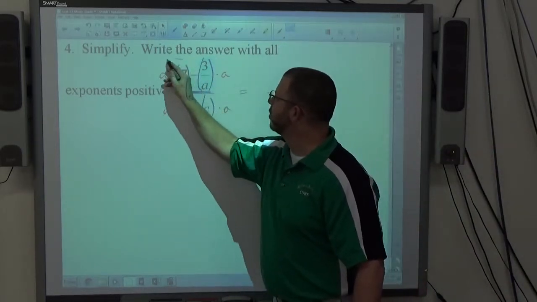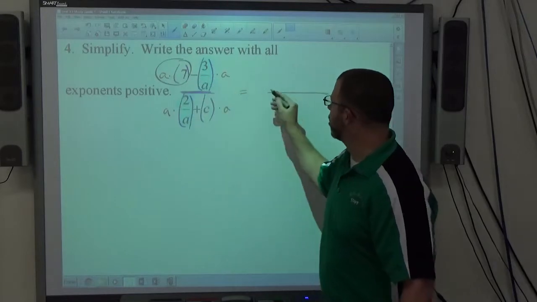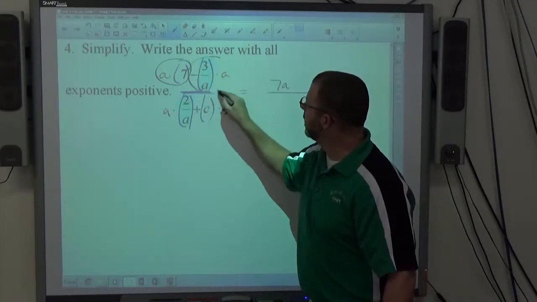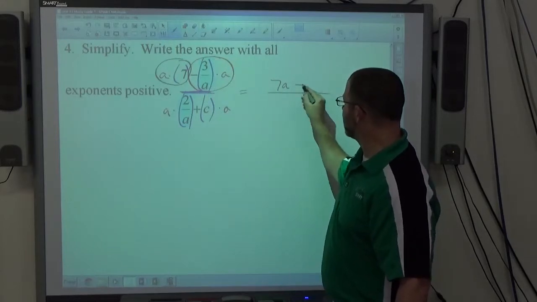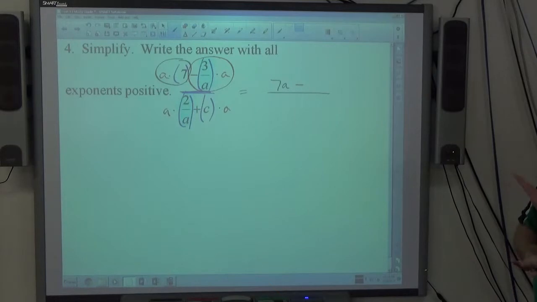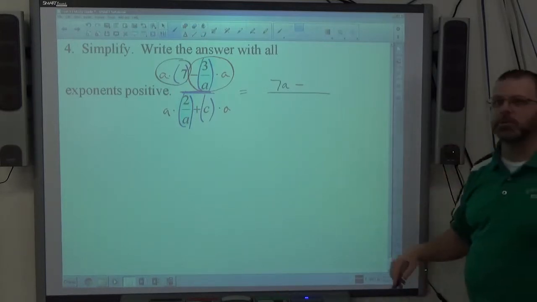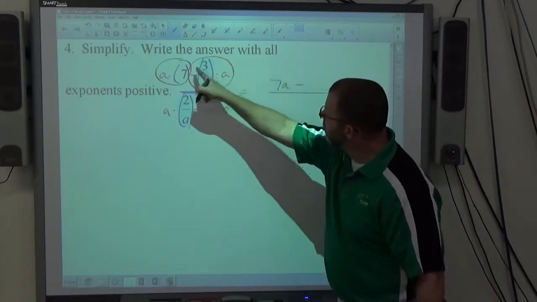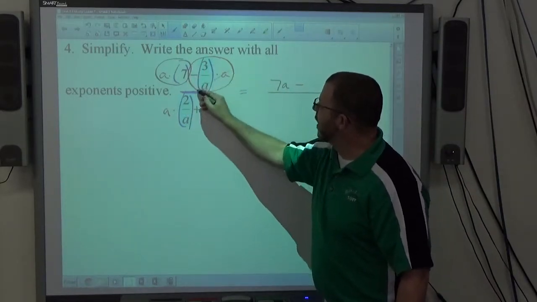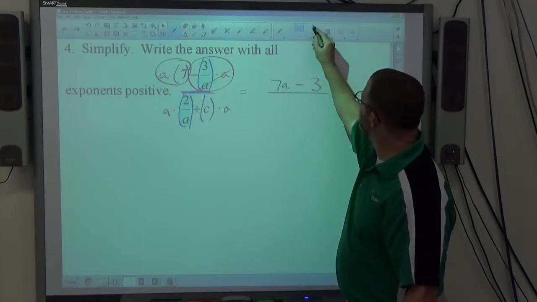Looking at all the terms, first term here, a is being multiplied by 7, that's simply 7a. Second term, it does say minus, make sure you write minus. That's the most common mistake on this problem. If somebody throws a plus sign where it's supposed to be a minus sign, be careful, signs don't get modified here. 3 over a times a, the a's cancel, so I just get minus 3.